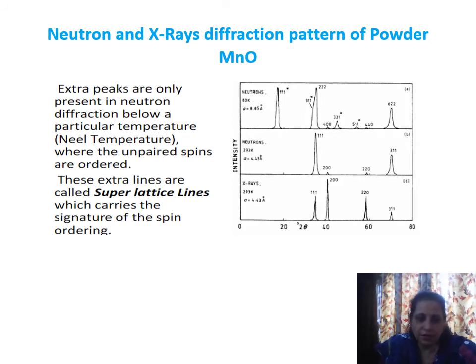Sharp peaks of powder form of manganese oxide are visible in this slide, and extra peaks are only present in neutron diffraction below a particular temperature, that is the Néel temperature, where the unpaired spins are ordered. These extra lines are called superlattice lines, which carry the signature of the spin ordering.